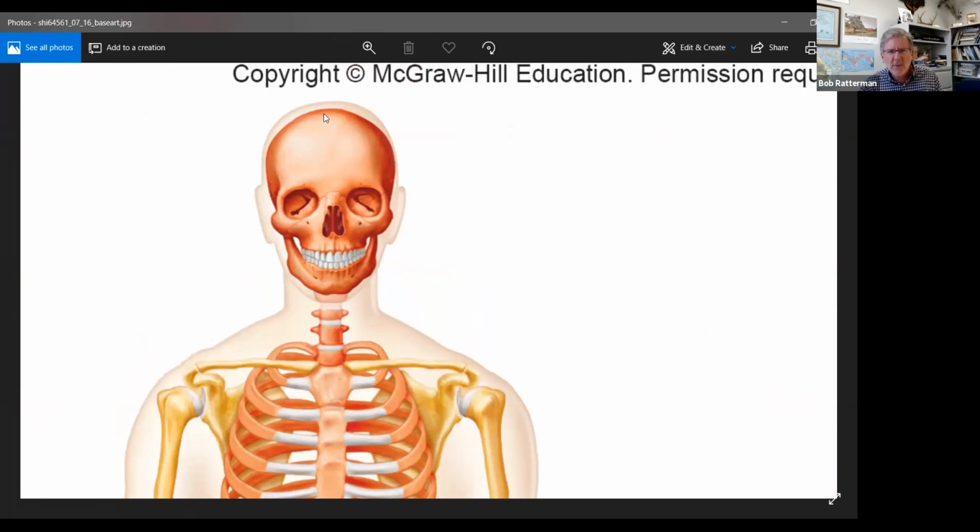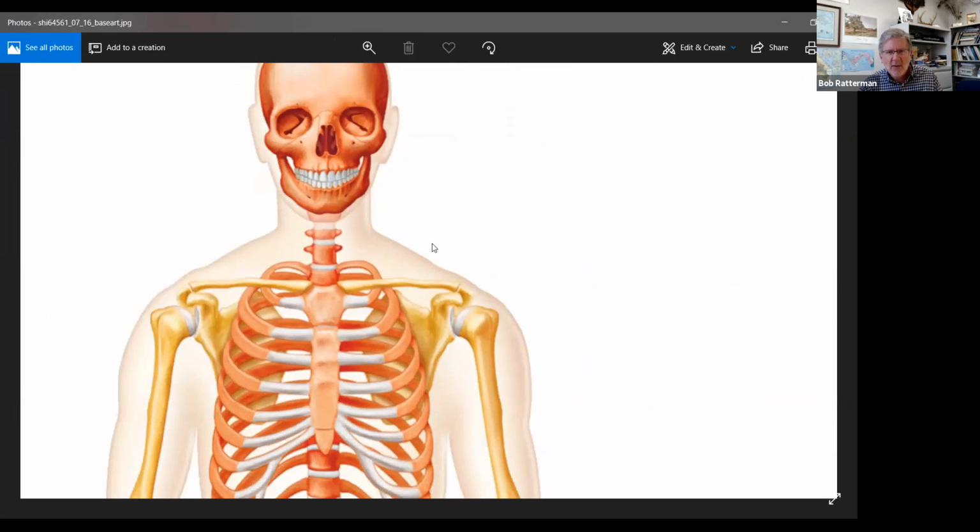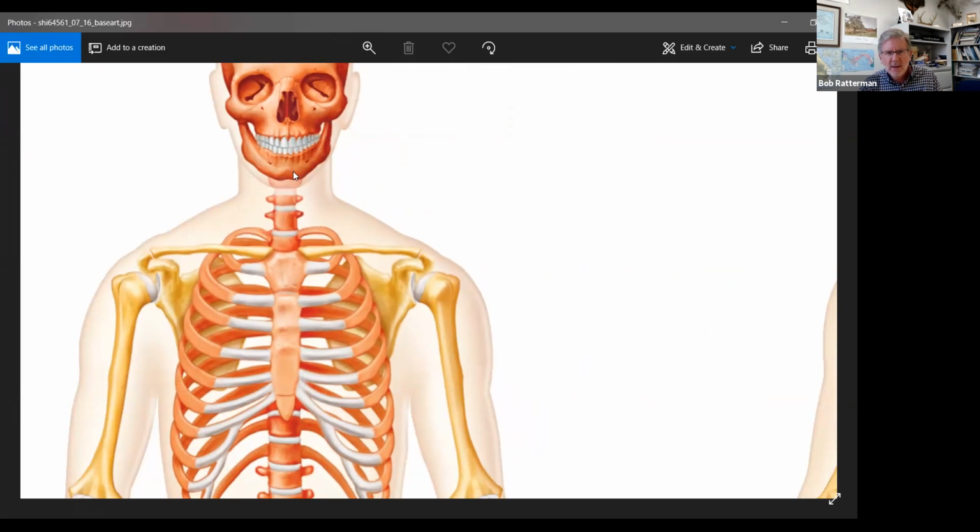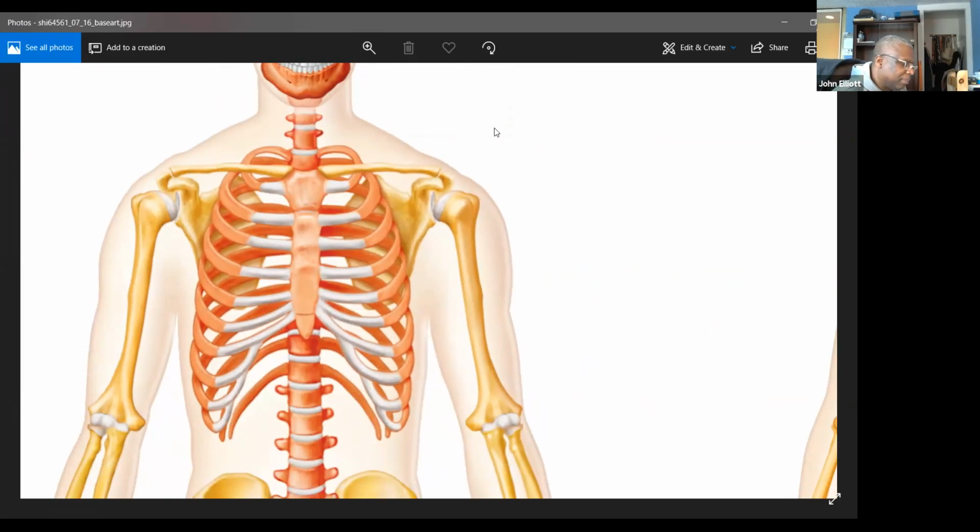So if you don't know this one, I think there's no hope for you. Skull. We won't worry about the individual bones of the skull right now. We'll get into that later if you want. Okay. This one, jawbone. Mandible. Mandible, right?